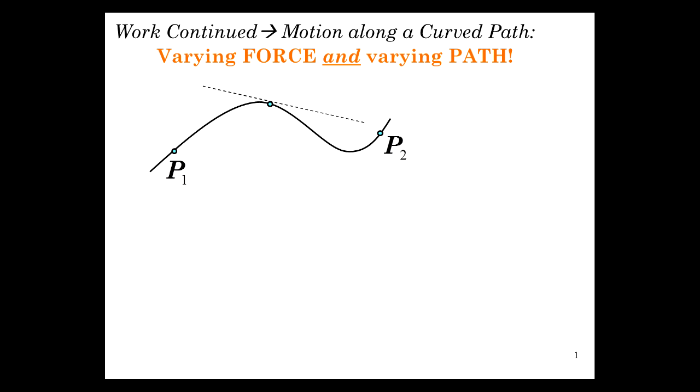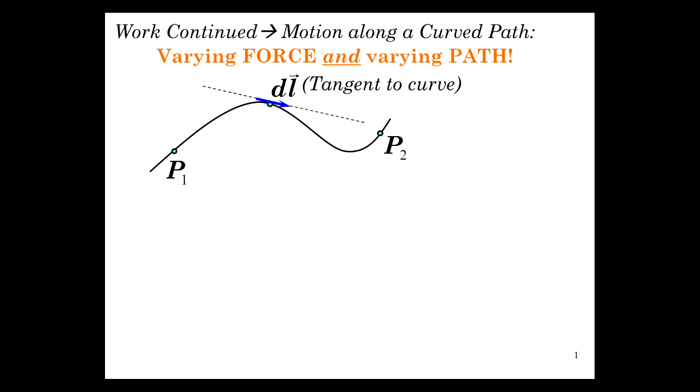And at some intermediate point here, we have a differential part of the path. So this path is continuous, of course, from P1 to P2. At any given point, I'm choosing this one right here, we're taking a differential length of this path.